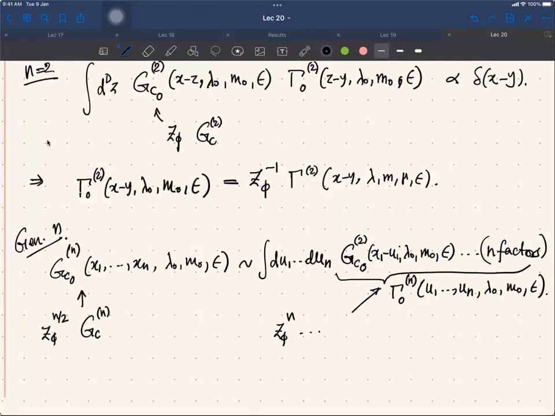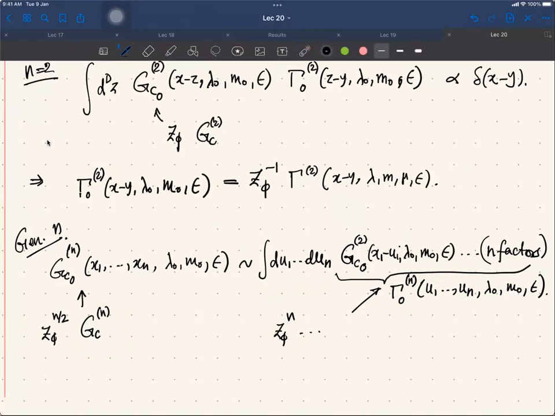That allows us to write that the renormalized Green's function will have the same relation with the renormalized 2-point functions times the renormalized n-point vertex. So each 2-point function will give you Z phi times the renormalized 2-point function.